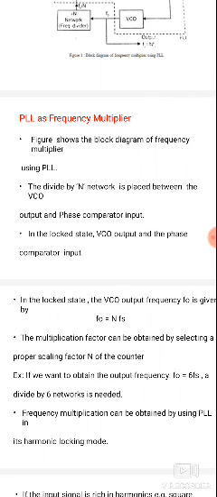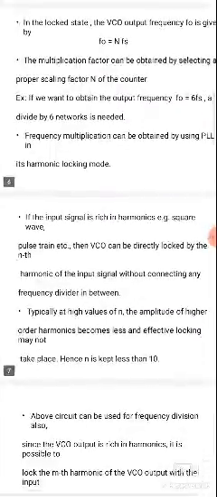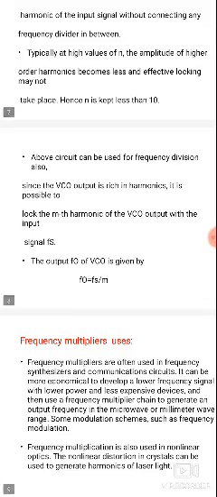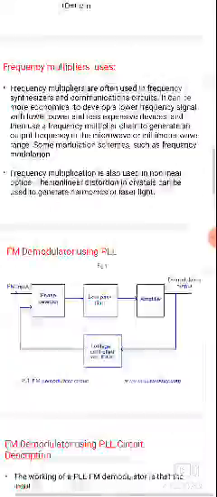By selecting the proper n network frequency divider, we can obtain the perfect frequency multiplication, that is F naught equals n into Fs. The scaling factor n is very important.